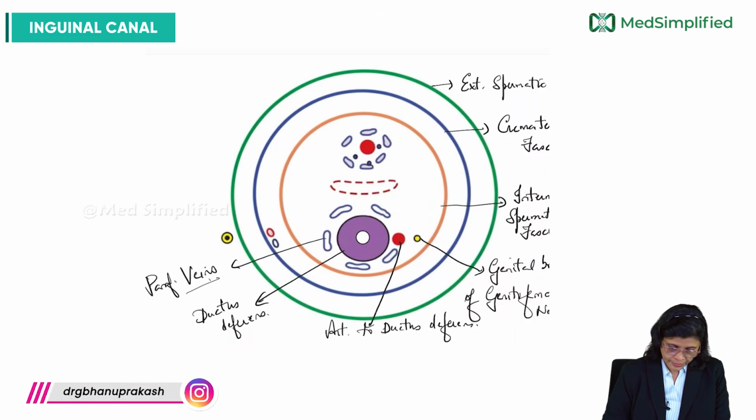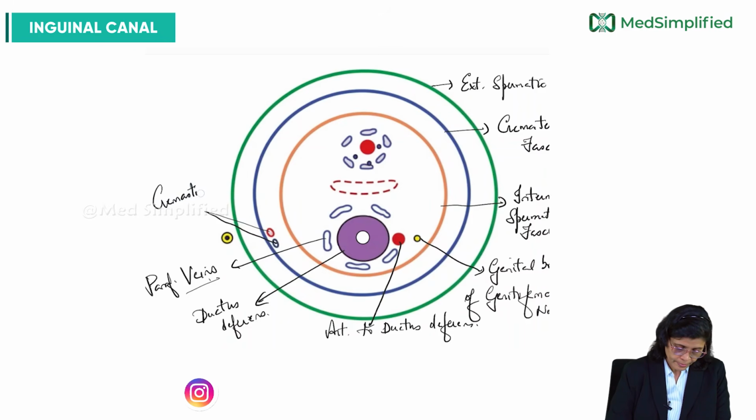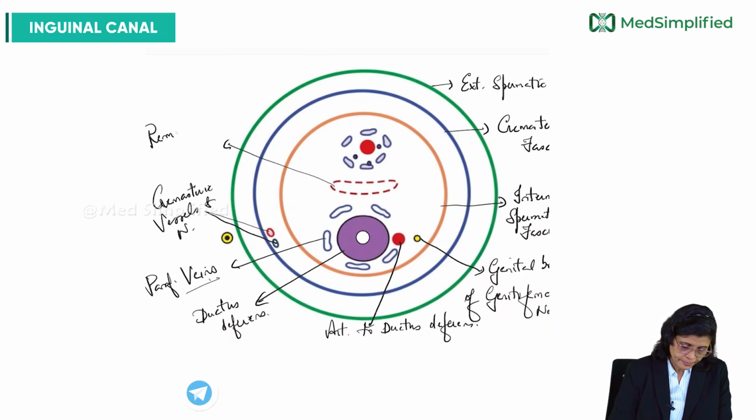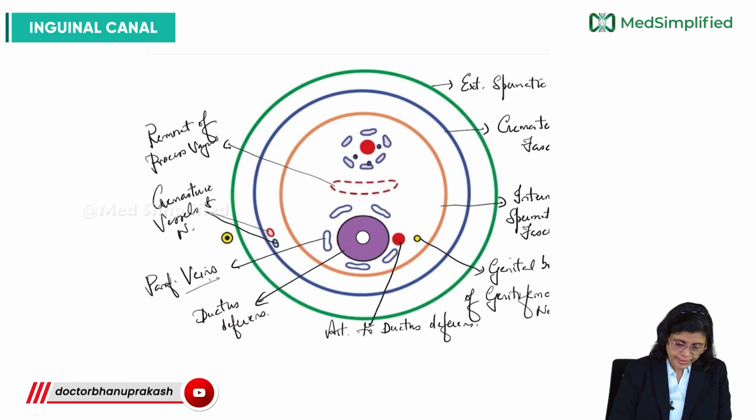And here we have the cremasteric vessels and nerve. Okay, so this is the remnant of processus vaginalis.